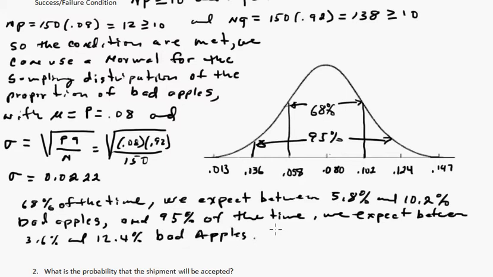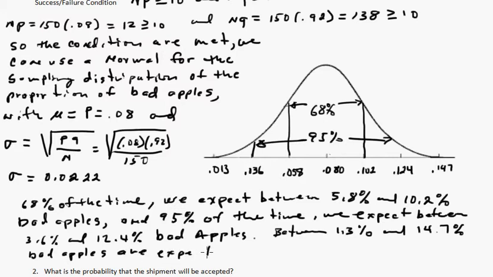And finally, between 1.3% and 14.7% bad apples are expected 99.7% of the time.